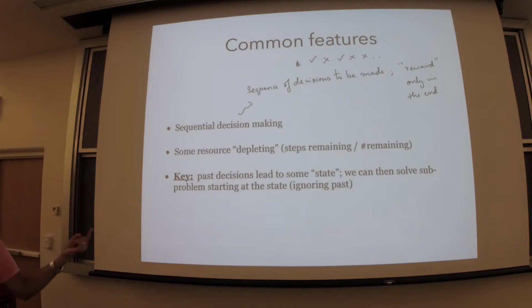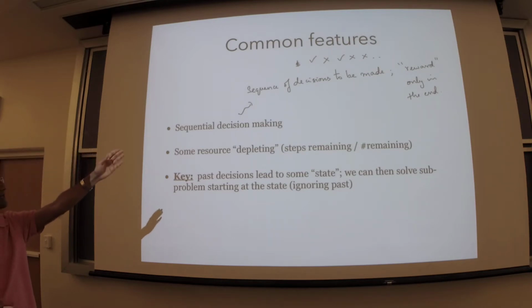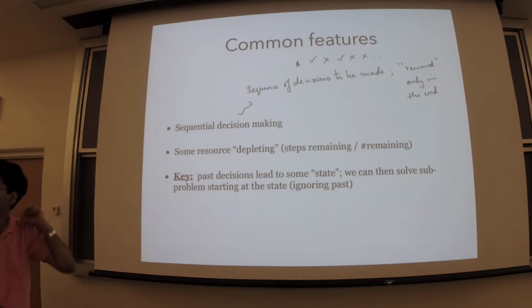And you get a reward of 1 if the sum of the things that you picked is exactly equal to S. And you get a reward of 0 if the sum is not exactly equal to S. So you can think of this as a binary reward, and you're chasing this reward. The important thing is that you know of the reward only in the very end, after all the decisions are made. And these are intuitively the kind of problems for which dynamic programming works well.